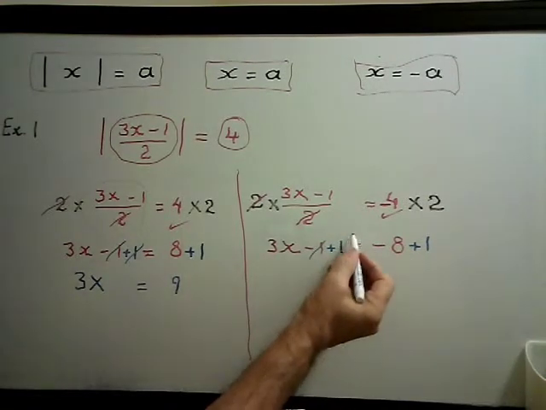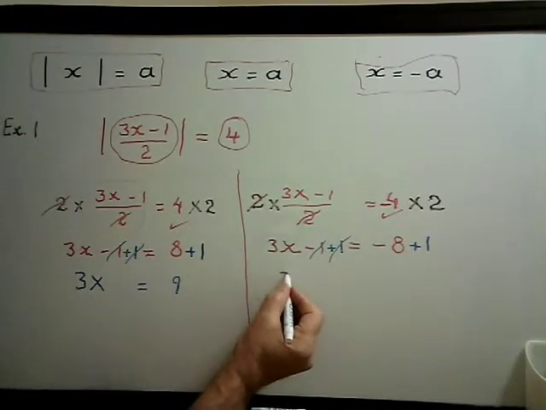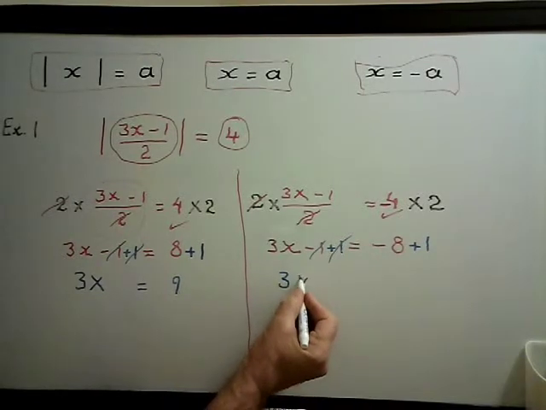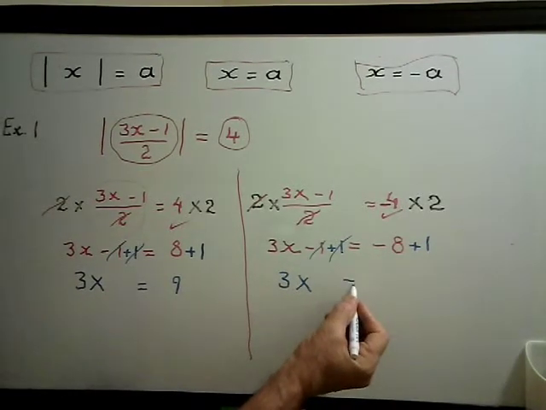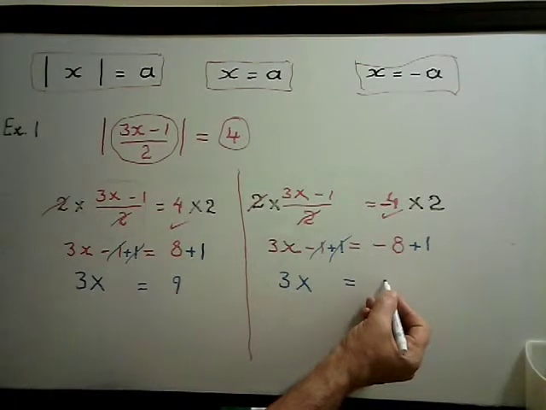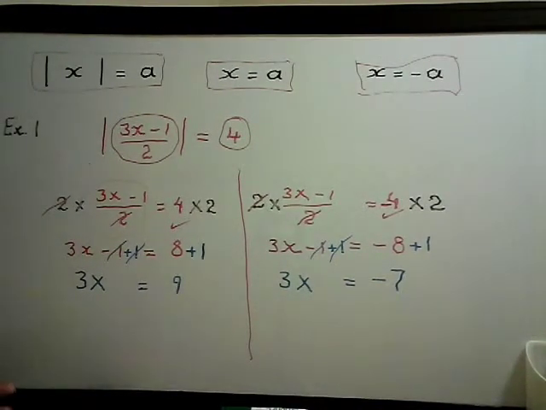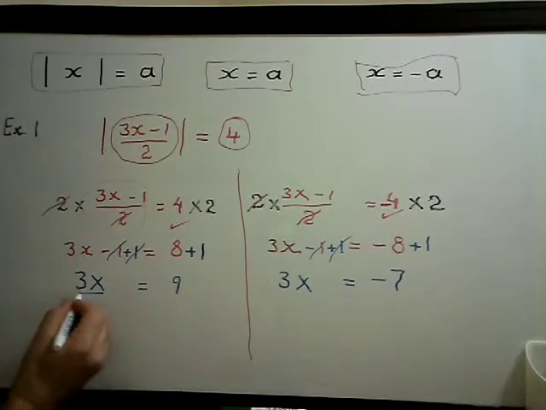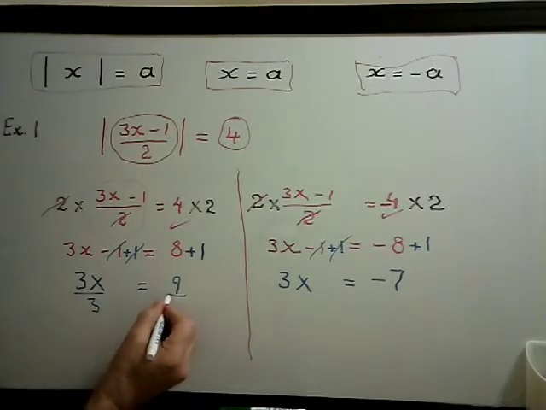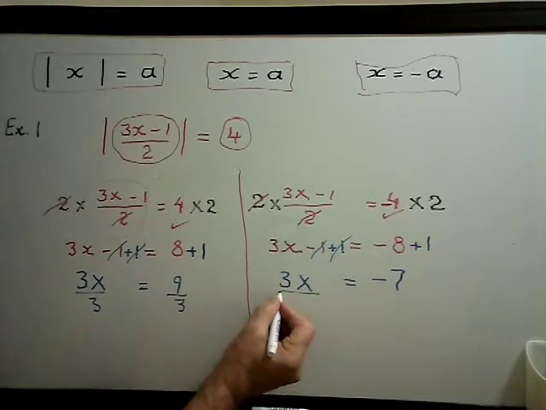So by cancellation, still 3x on the left side, and on the right side negative 7. After that, we divide by 3 both sides.